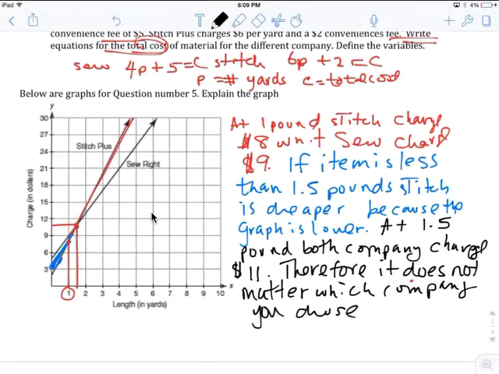After 1.5, Sew Right is cheaper because the graph is below. And then give an example. For example, at 4 yards, Sew Right charges $21, while Stitch Plus charges about $26.